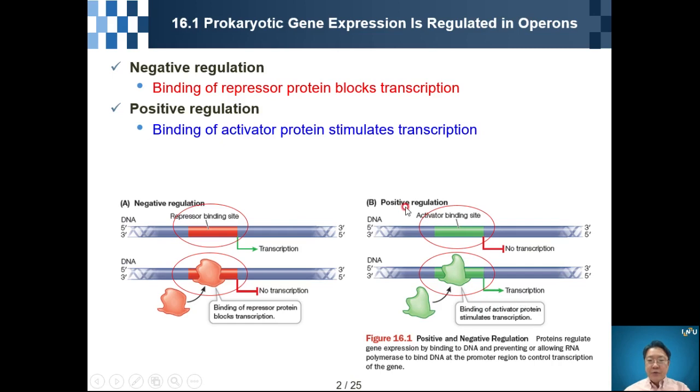So we call this positive regulation. A little bit different from negative regulation: in negative regulation, this binding blocks transcription. However, in positive regulation, this binding stimulates transcription.